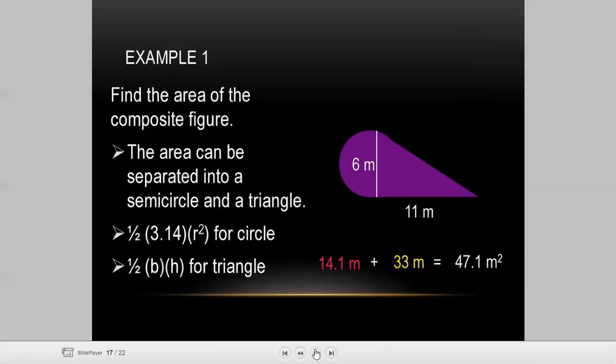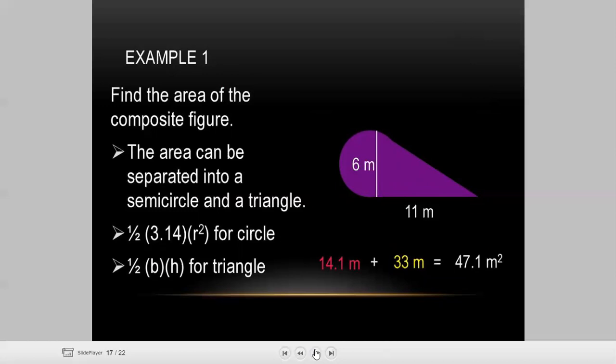We can find the area of this semicircle by half, because it's semi, times pi r squared, and r here is half of 6, so it's half times 3.14 times 3 squared, so it's half times 3.14 times 9, which is 14.1 meters. So the area of the semicircle is 14.1 meters squared. And the area of the triangle is half b h, so half times 11 times 6, which is 33 meters squared.